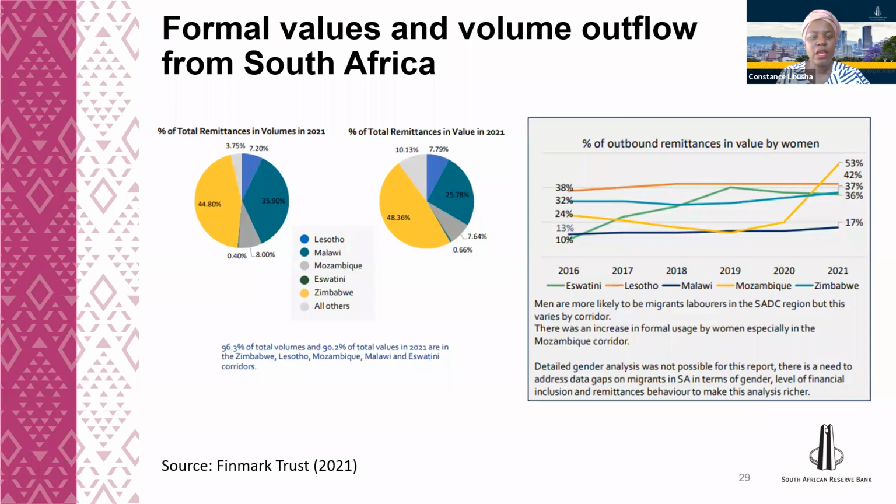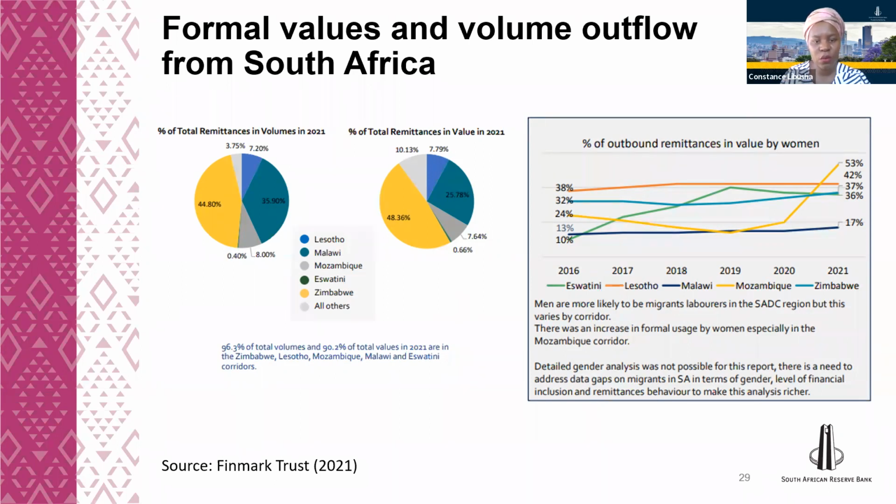Okay, over here, I just got some statistics on the volumes and the values of the outflow of information from South Africa. If you look closely, you'll see that the biggest country that people send money to is Zimbabwe, followed by Eswatini, then Malawi, and then the other countries follow.